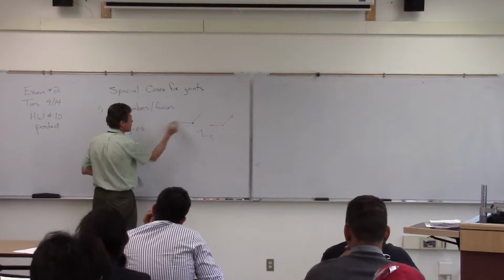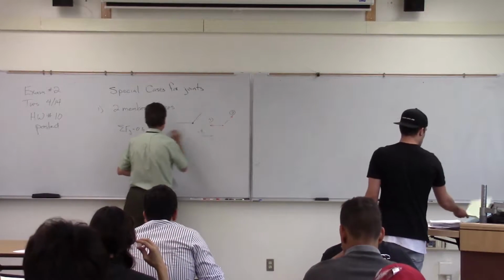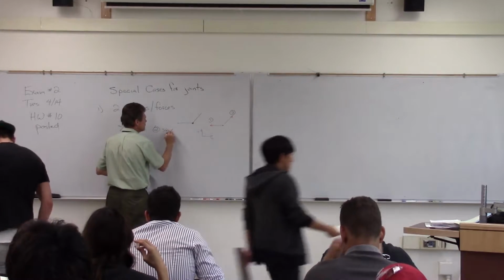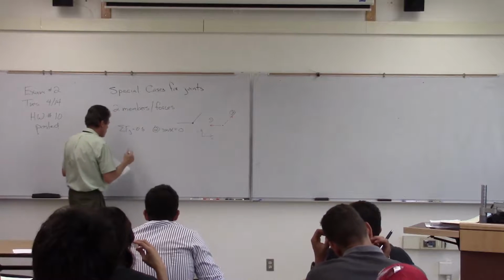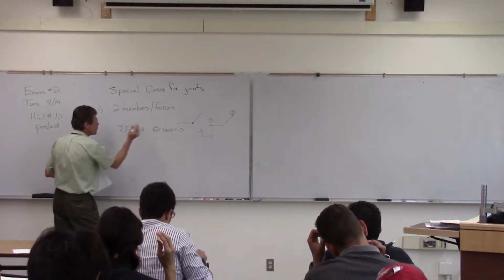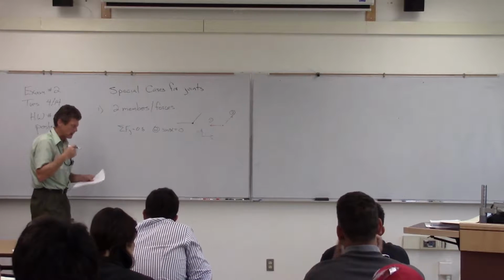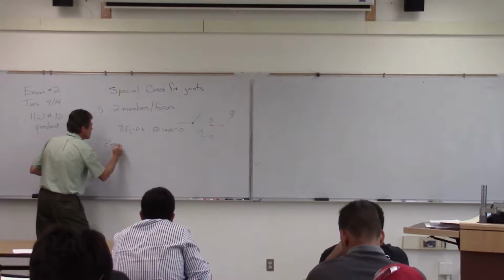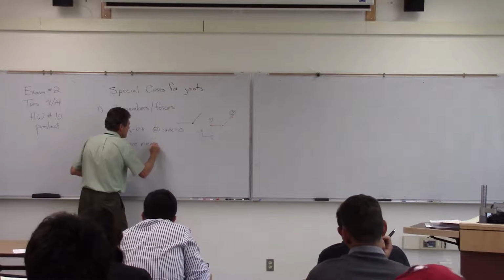Well, what we'll have as a component of that is F1, F2 times the sine of some angle equal to 0. So the only way that can happen is that the forces have to be in line. So this is what they call a zero force member.